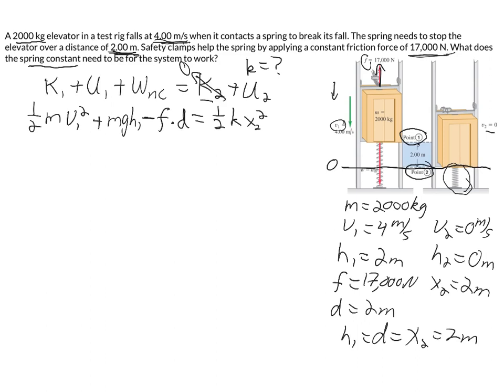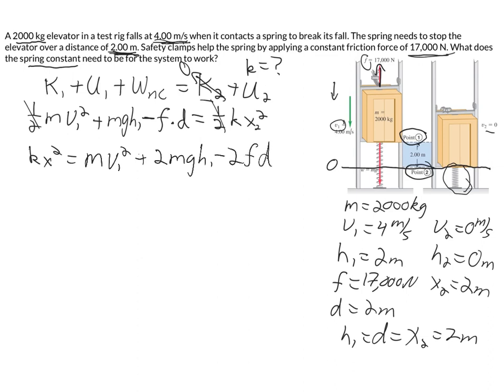Now we've labeled all of our variables, and the only thing we don't know in this whole thing is just k. So we can do some algebra to solve for k, bonus. I'll multiply through by 2 to get rid of the 1/2s. So now I have k x squared equals m v1 squared, the 2 canceled with the 1/2, plus, now here's where the 2 goes, 2 m g h1 minus 2 force times the distance.